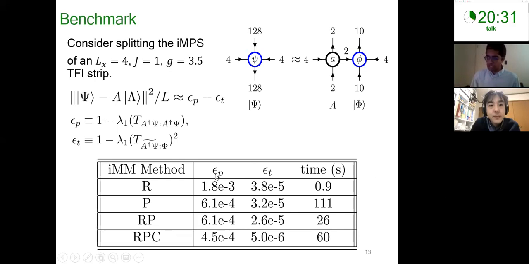Looking at the projection error and the truncation error, we can see that in most cases, this third algorithm, RP, in which we first do the Renyi and then the polar, is sufficient in that it is both fast and gives results comparable to the RPC, or the method with conjugate gradient. So in all of the experiments that we show next, we're going to be sticking with this RP method of doing this I-Moses move splitting procedure.